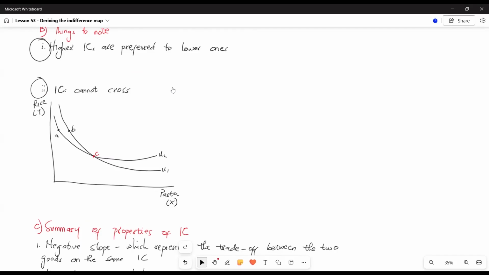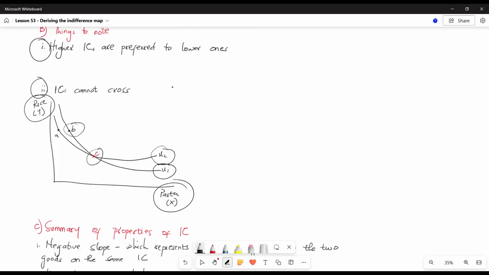Consider this figure here with rice on the y-axis and pasta on the x-axis. Let's start with U1. We can see that on this U1 curve, we have bundle B and bundle C. And if we go to U2, we have bundle A and bundle C as well. By definition, since bundles A and C are on the same indifference curve, they must give us the same level of satisfaction.